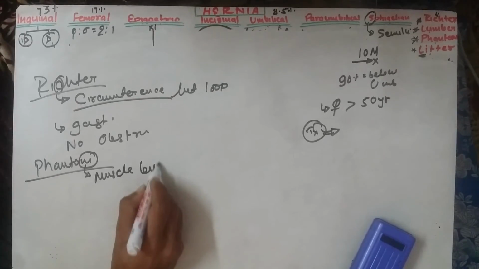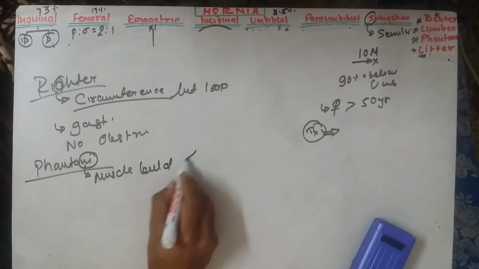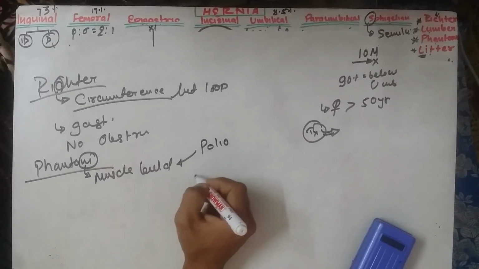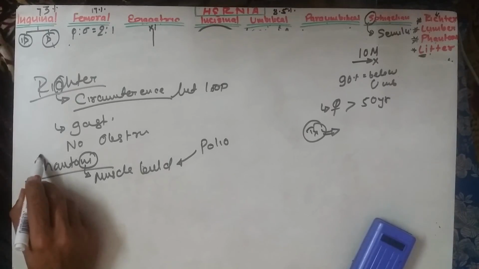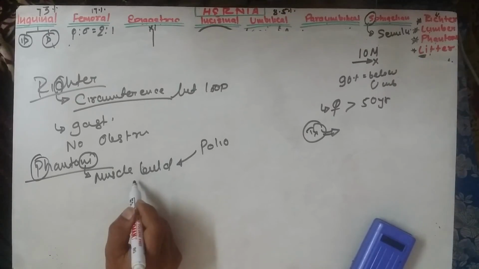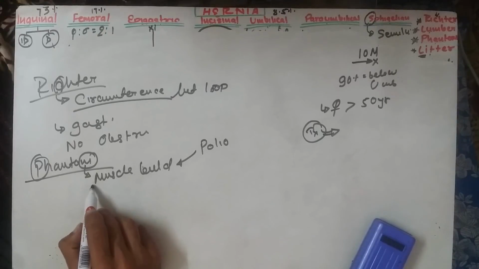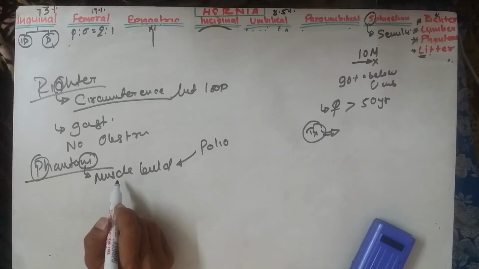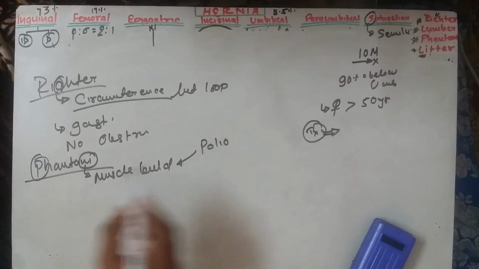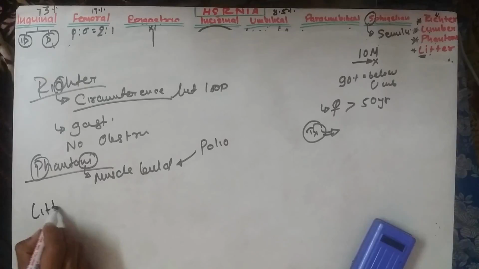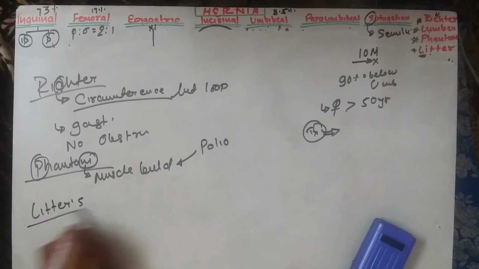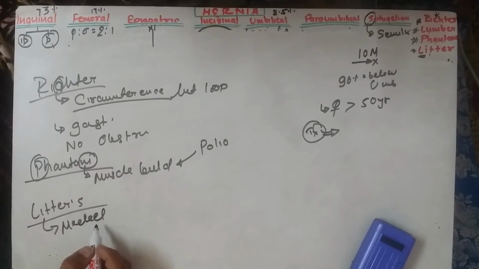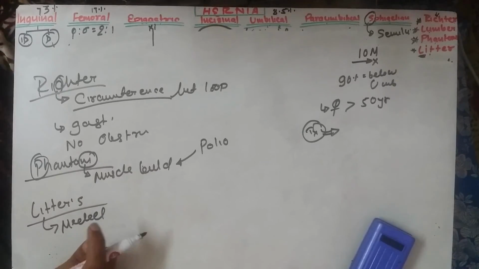It is usually due to paralysis which can be after poliomyelitis. Okay, polio caused paralysis of the muscle, due to which there is muscle bulging that will cause hernia, and that will be called the Maydl type of hernia. The last hernia is the Littre's type, and Littre's hernia is the herniation of the Meckel's diverticulum. So these are the different types of hernia. Thank you.